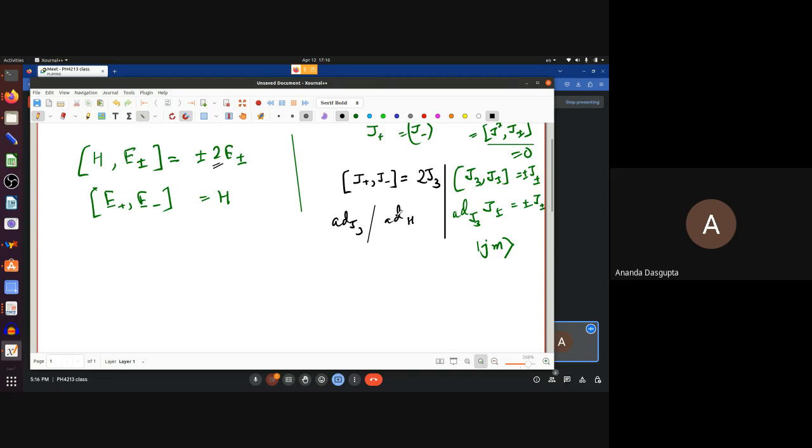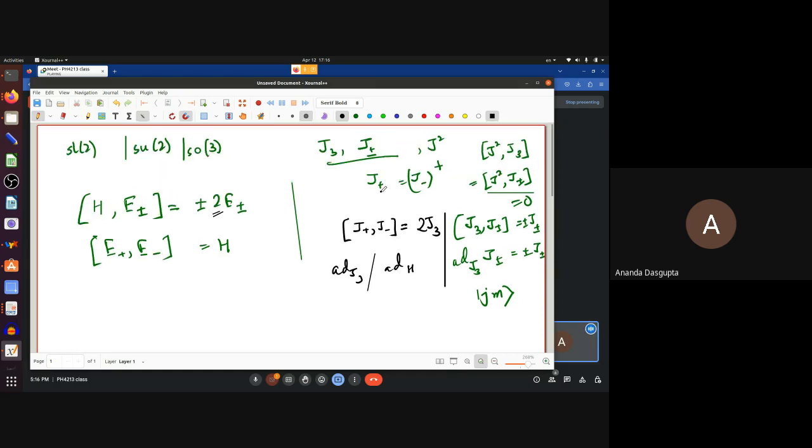Okay. Now, do you remember why this Hermitianity of J1, J2, J3 was so important? Exactly where in the theory of using these ladder operators in angular momentum did Hermitianity actually play a role? I'm talking of basic angular momentum theory, quantum mechanics.